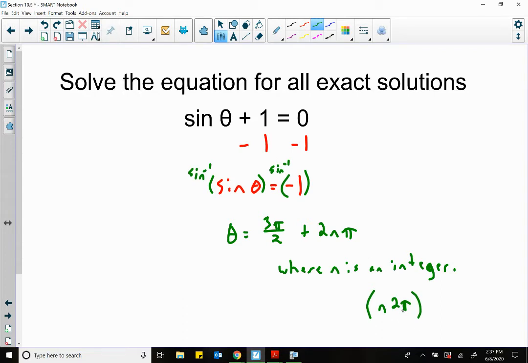Okay, 2 spins. If I said negative 2 here, then we'd be going clockwise 2 pi, or in other words, 2 spins clockwise. So this is, again, just talking about coterminal angles. That's all this is about. And we use 2 pi because that's how long it takes for sine to repeat. Okay.